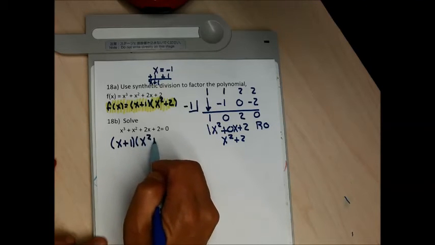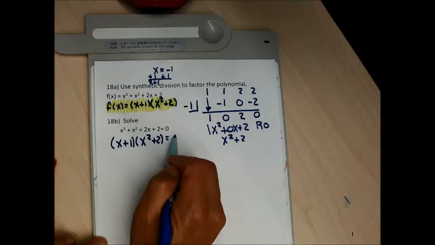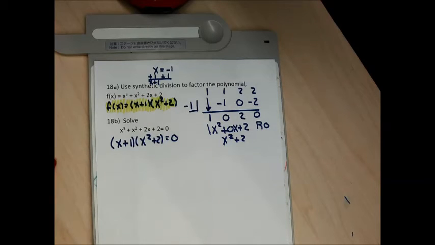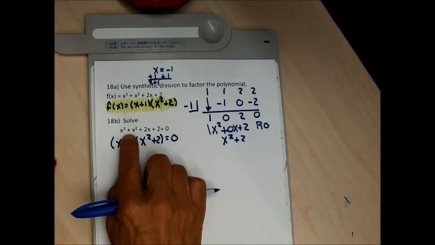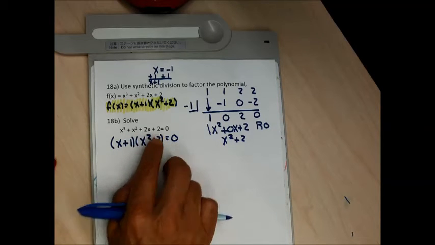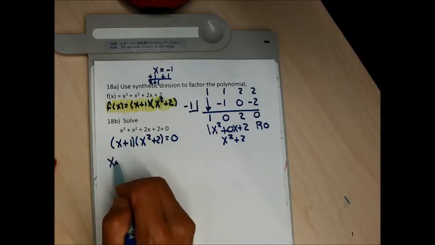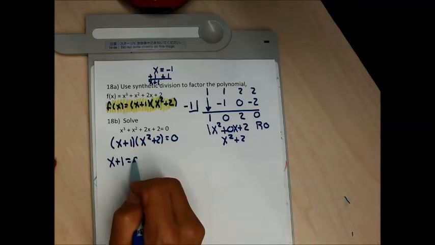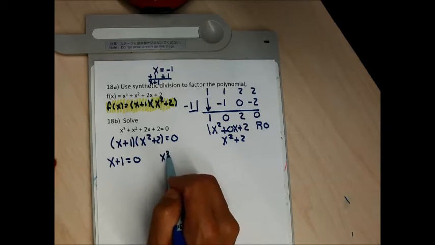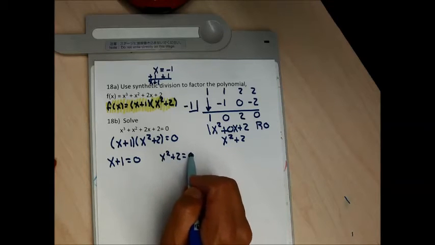And to solve for x, you usually factor, and then you set the factors equal to 0. So to solve x cubed plus x squared plus 2x plus 2 equal to 0, I'll factor that, and then I'll set each factor equal to 0. So I'll set x plus 1 equal to 0, and x squared plus 2 equal to 0.